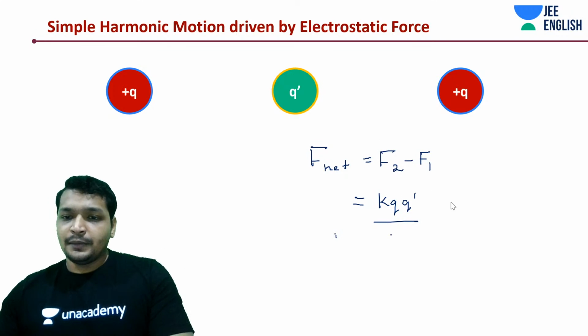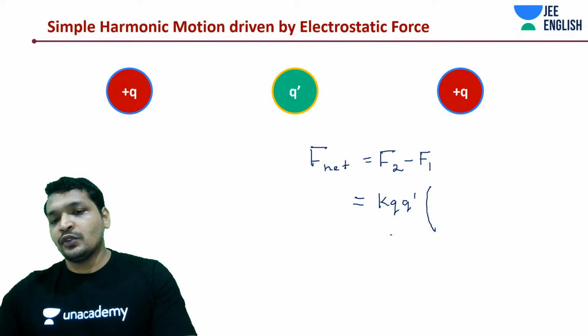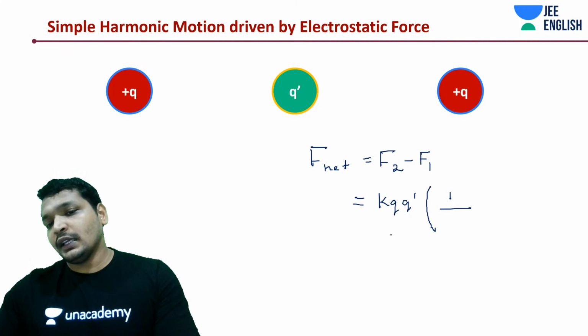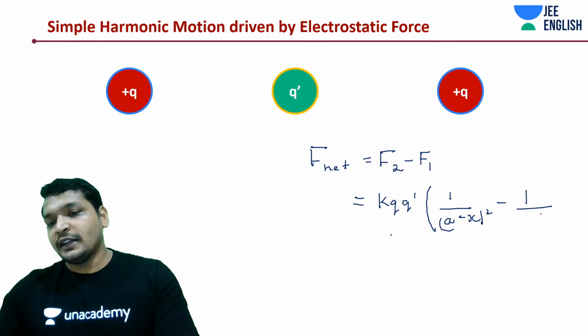Here's this part. This is going to be 1 divided by (A minus X) whole squared, minus 1 divided by (A plus X) whole squared.